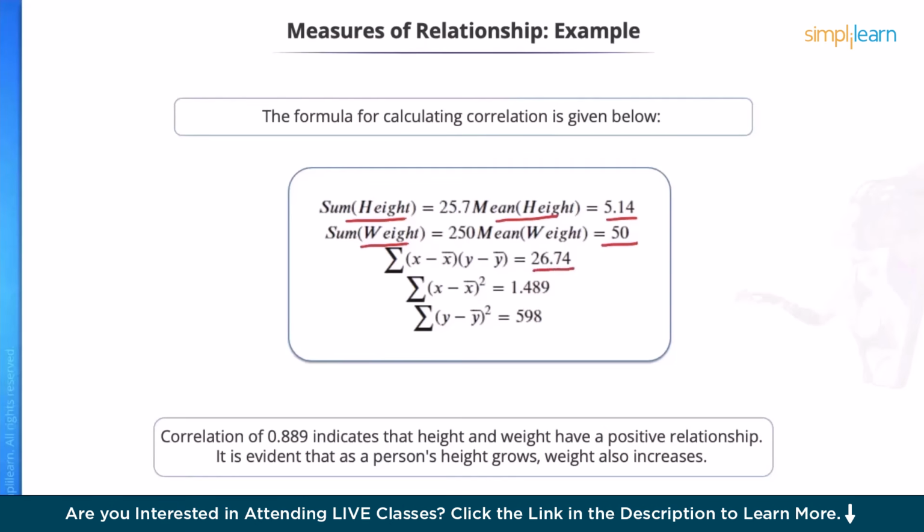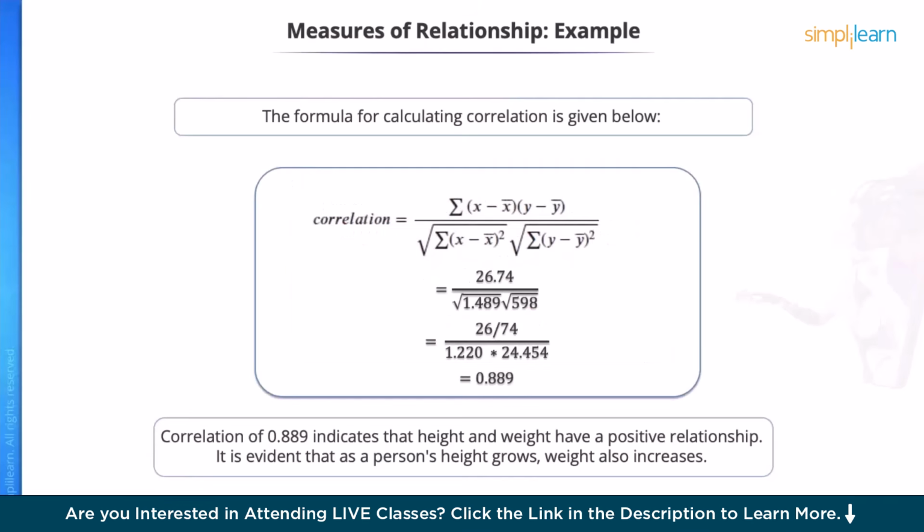Then we compute the (x minus x bar) square summation and (y minus y bar) square summation. That is the sum of squared deviations of x and y respectively. Now we put the values in this final correlation formula to get a correlation value of 0.889.